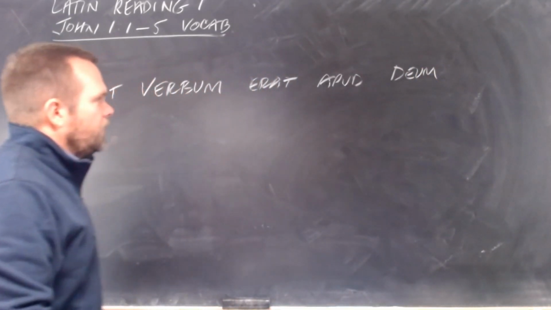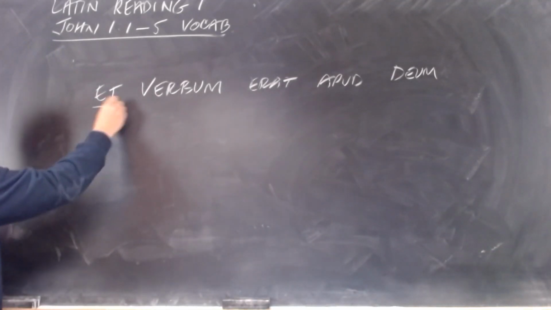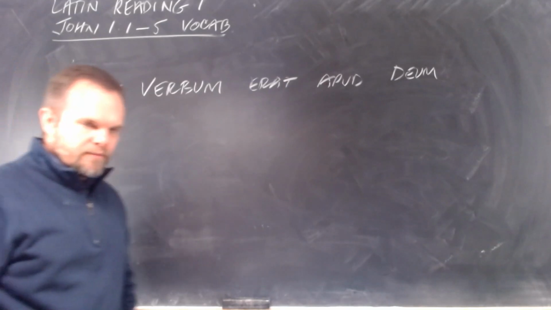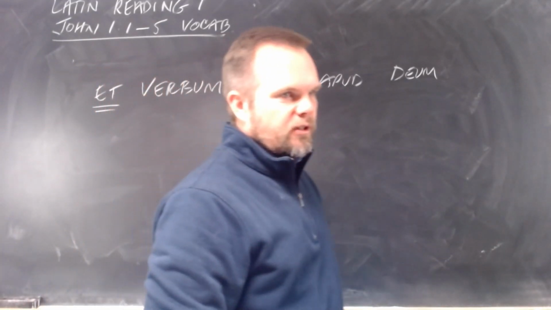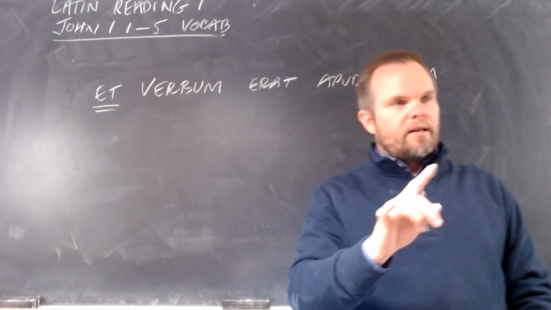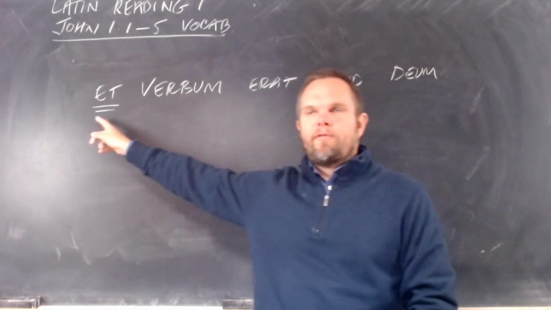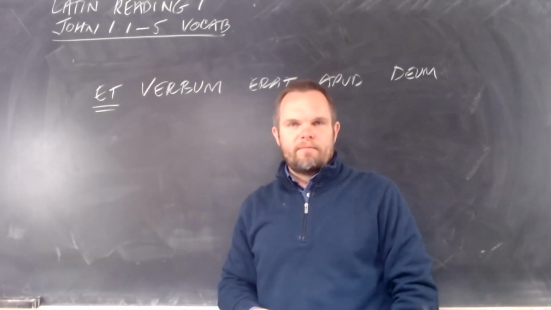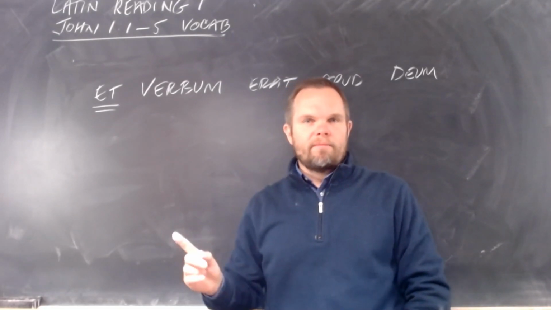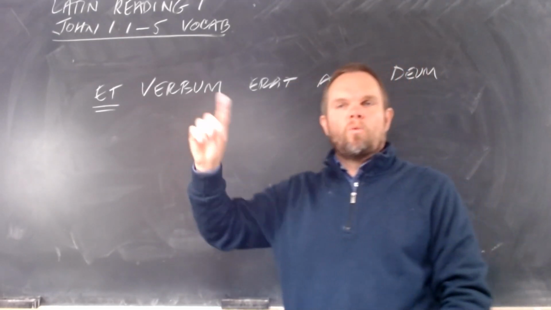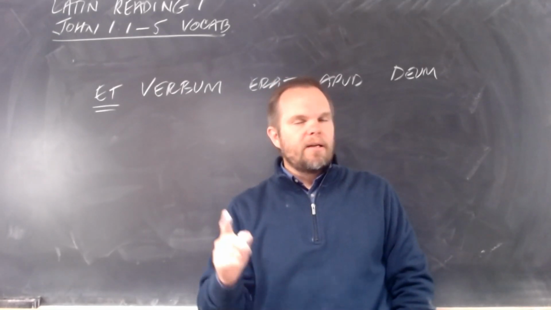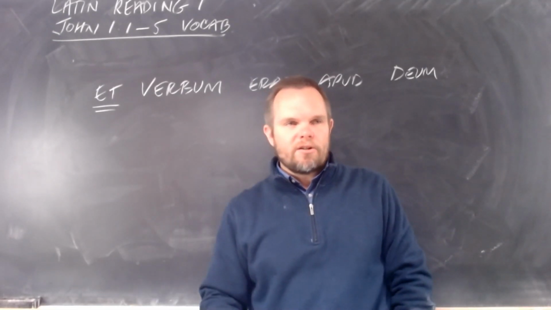Et verbum erat apud Deum. Now, this word et, anyone know what part of speech it is? Just think, are there different forms of the word et, or is there just one form? One form. So you know it has to be one of the last 4 parts of speech: preposition, adverb, interjection, or conjunction.